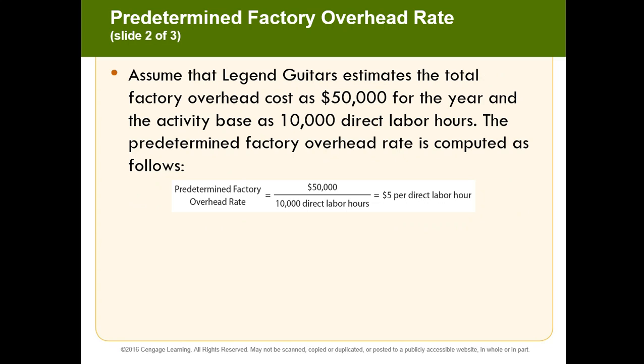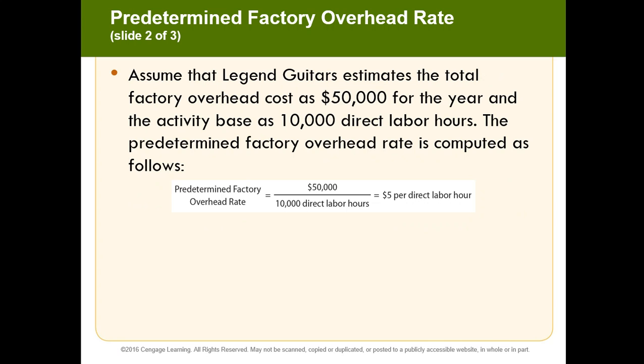So here's an example. Legend Guitars estimates, again, we're assuming January 1st, we're going to sit down and do this, that my total factory overhead costs for the year will be $50,000. My activity base, I'm using direct labor hours, and I'm again going to estimate that for this coming year, I will have 10,000 direct labor hours.